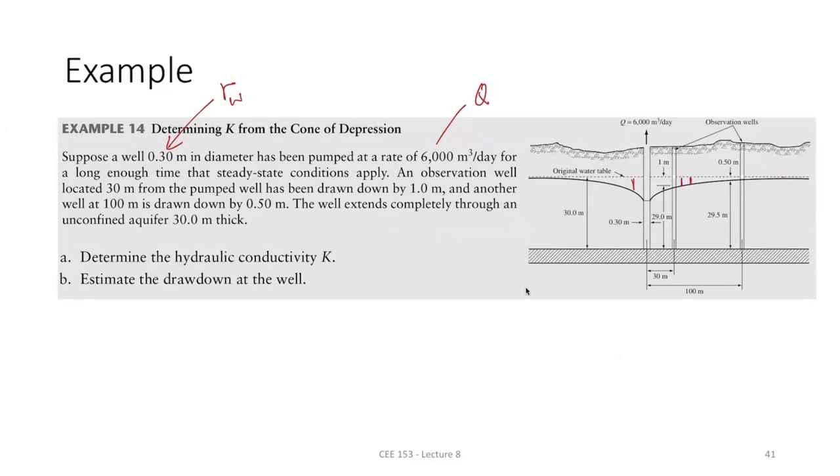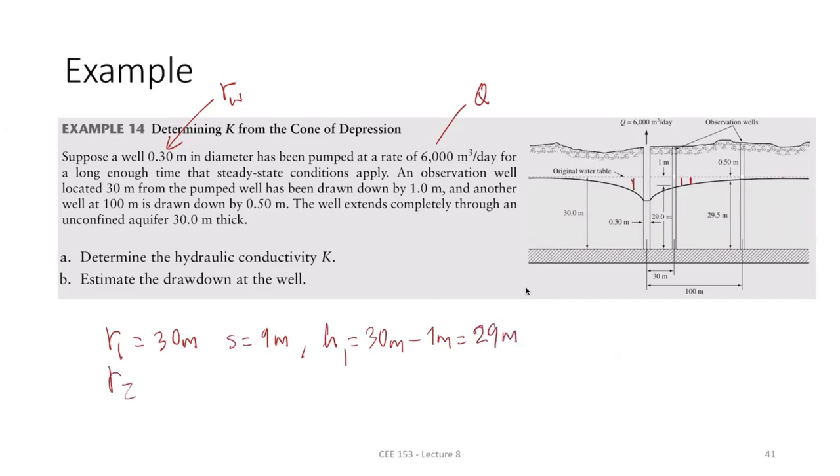So this is given as 1 meter. Another well at a 100-meter distance has a drawdown of 0.5 meter. What is given is your r1 is 30 meters and your drawdown is 1 meter, so your actual height would be the original height, which is 30 meters, minus the drawdown of 1 meter. That would be 29 meters.